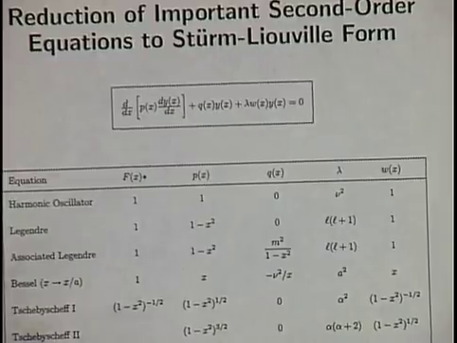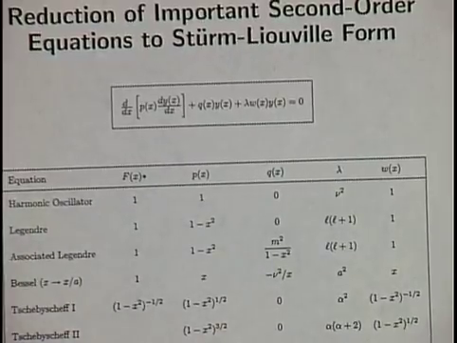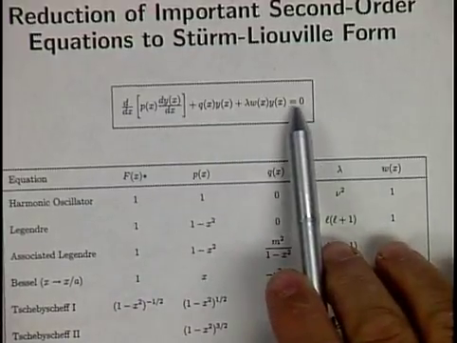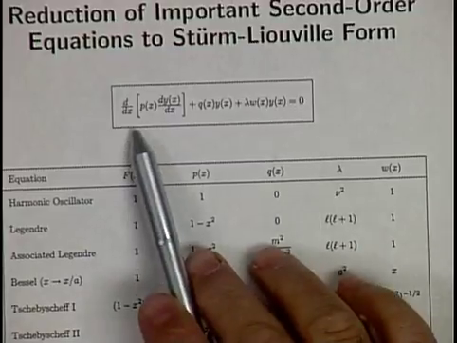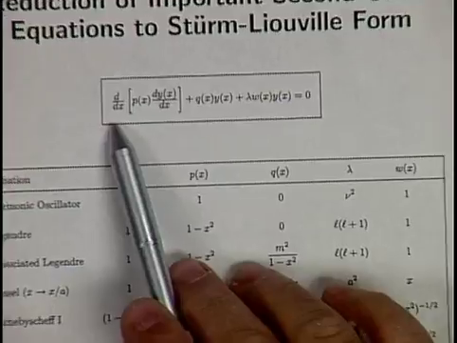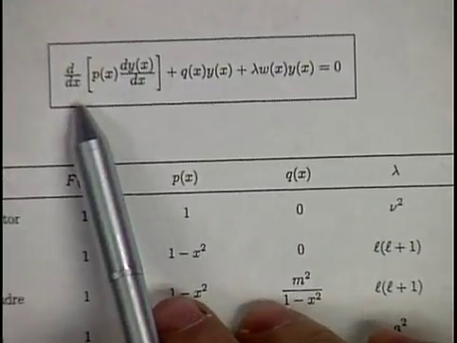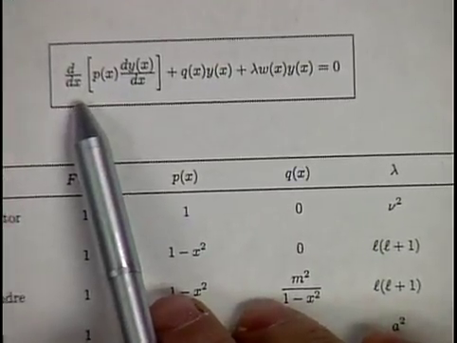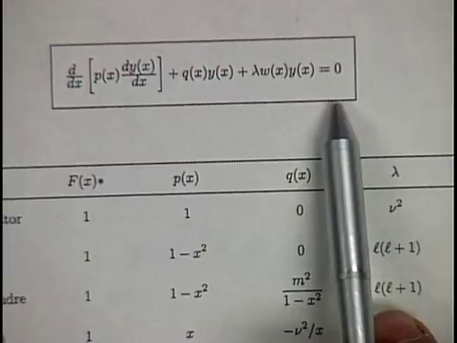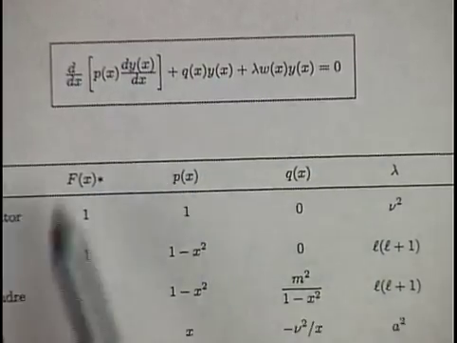Okay, so we will see in the handout online that this is the general form for the eigenvalue problem for the Sturm-Liouville theory. You can write any second order differential equation in this form, with the operator defined by the Sturm-Liouville operator.